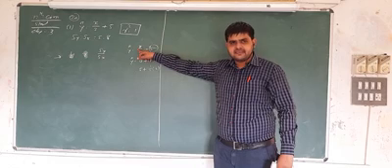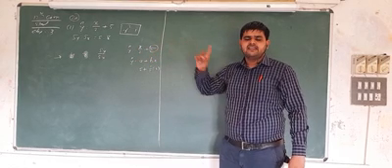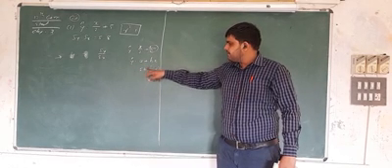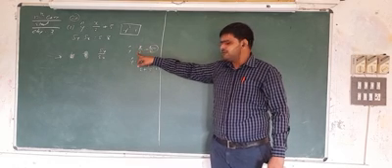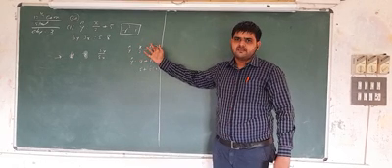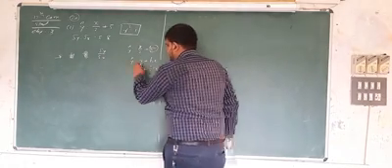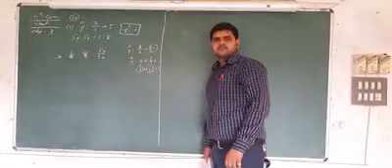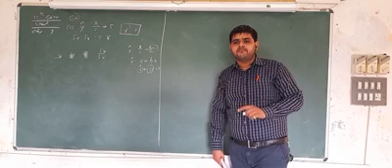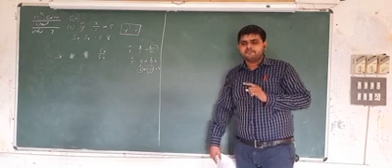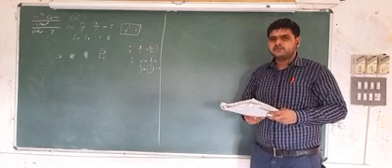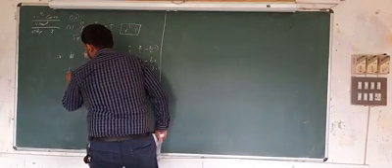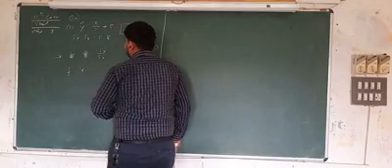So a is equal to 5, b is equal to 1 by 2. This is the value of b that we have to use to find r.